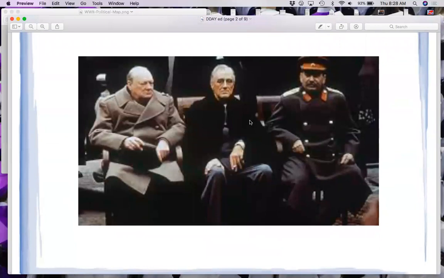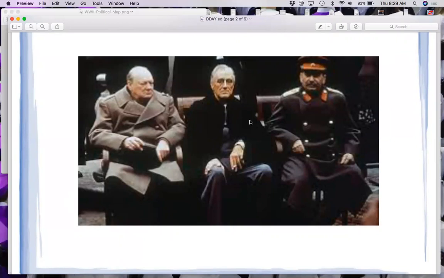All right, here are the three allies. On the left is Winston Churchill. He's from the UK, he's the British Prime Minister at the time. In the middle is FDR, Franklin Roosevelt, again, seated as always, because as we talked about before, he had polio, so he's always pictured seated. And to the right of him is Stalin, Joseph Stalin, who was the leader of the Soviet Union at the time, and himself a brutal dictator.